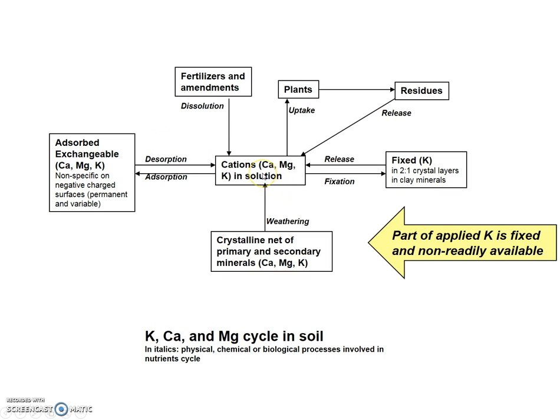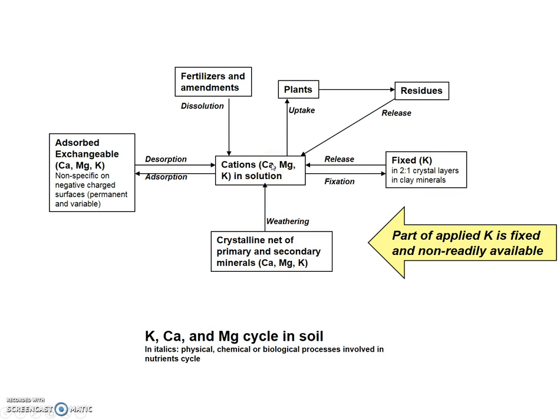Plants will generate residues, and from the residues, after decomposition, we will have potassium back in the soil solution. Then, potassium in the soil solution is in equilibrium with adsorbed exchangeable potassium, as we said, associated to negative surfaces, and can also be increased by weathering of the primary and secondary minerals.